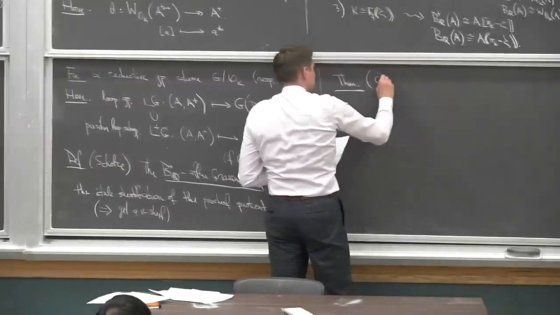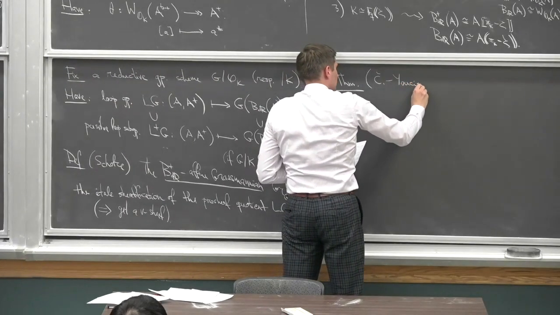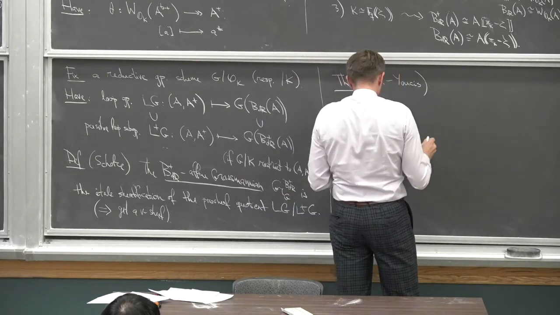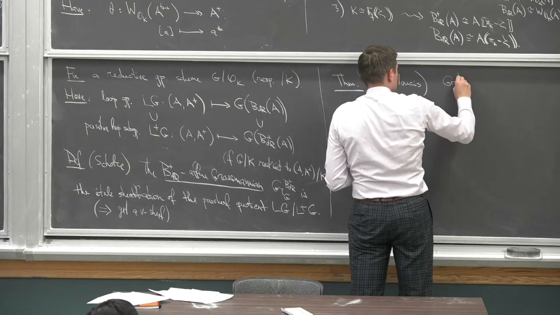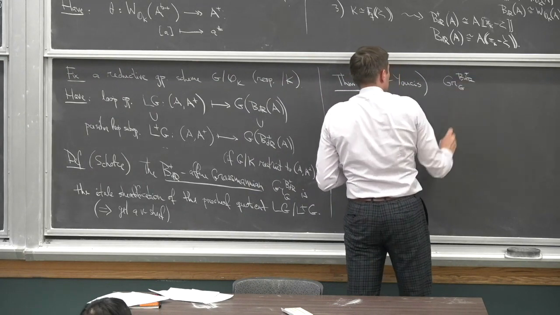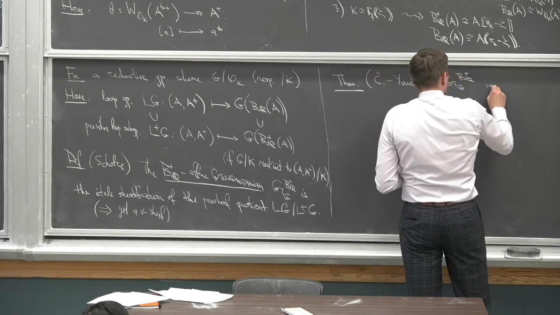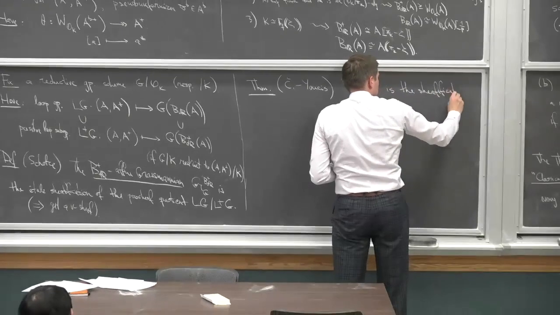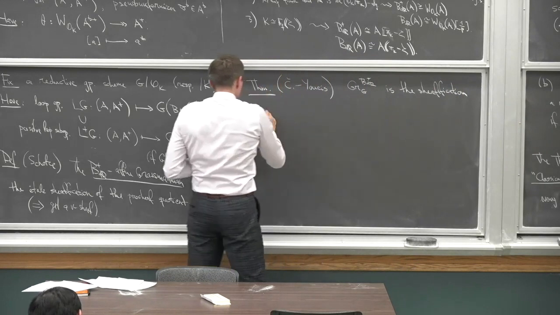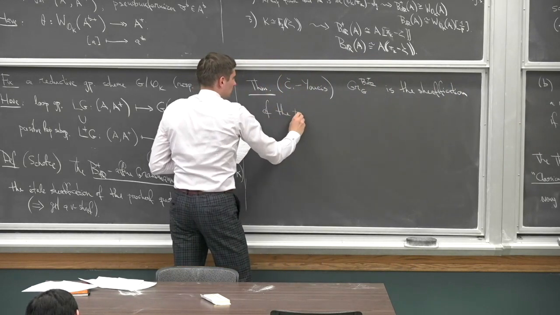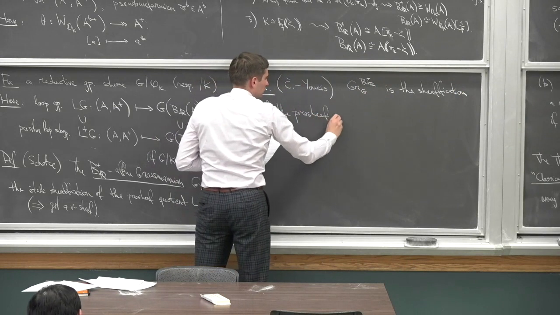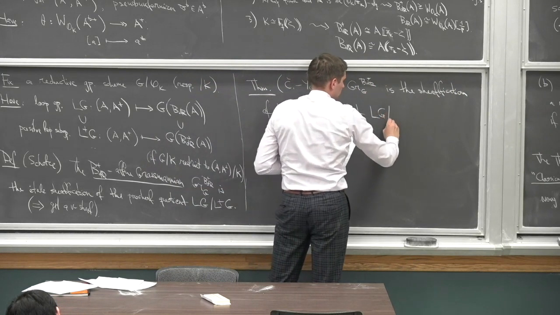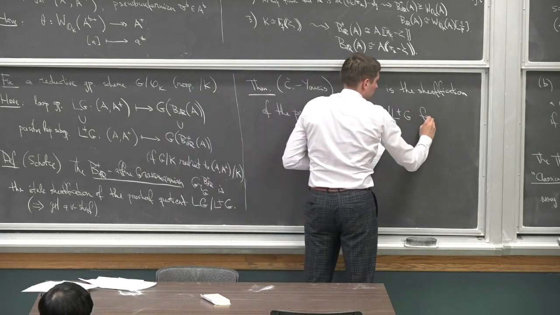So the analog of the results that I've been talking about for the classical affine Grassmannian is this: the plus affine Grassmannian of Scholze is actually the sheafification of the presheaf quotient LG modulo L plus G for the analytic topology.